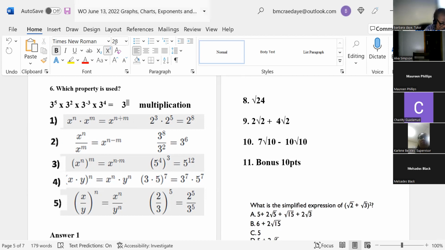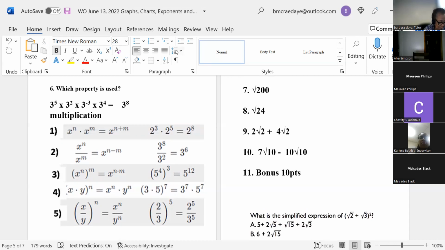Anybody get anything different from what Chastity has? What did you get, Mercedes? I got 3 to the 37th power. You said 3 to the 37th power?